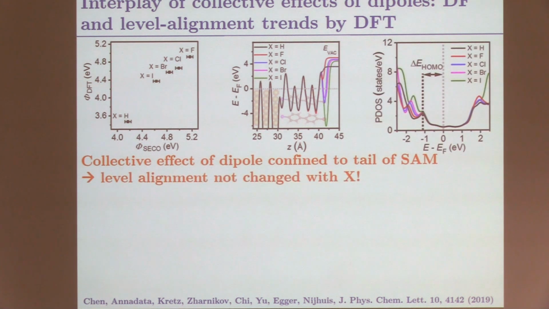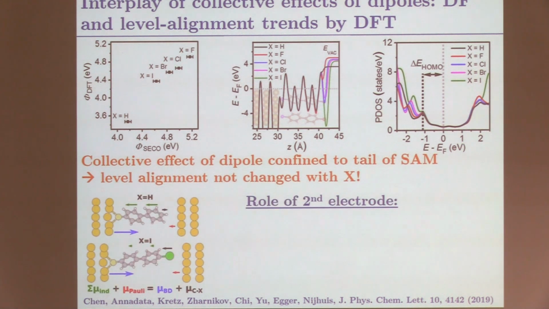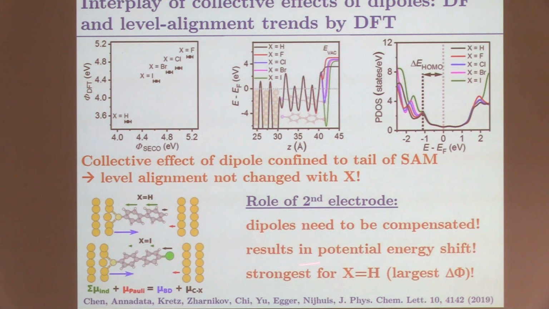Now, if we just look at the molecular layer on the surface and compute the level alignment, so how the HOMO and LUMO line up to the Fermi energy, we find these systems to be very similar. So level alignment does not change with the halogen termination. But then when we add the second electrode in the calculations to each of the monolayers, what we find is that the dipoles need to be compensated. As I go down this series, I change the dipole at the end and have different potential energy shifts.